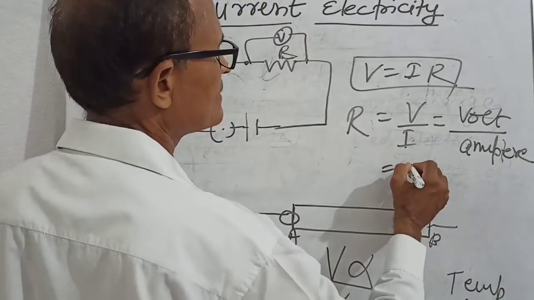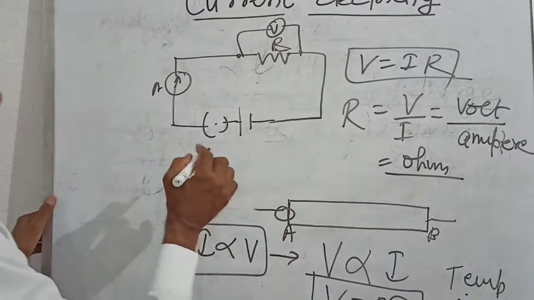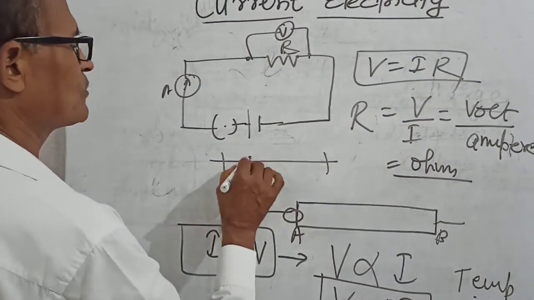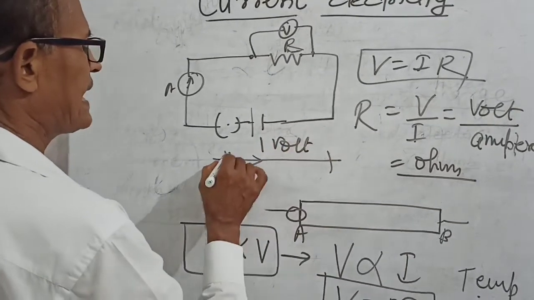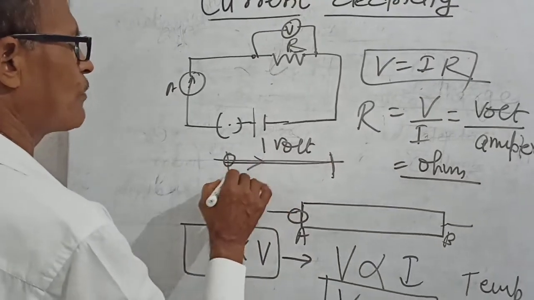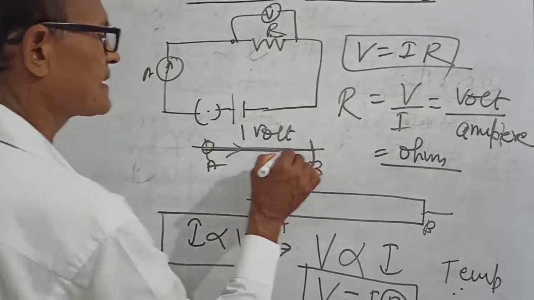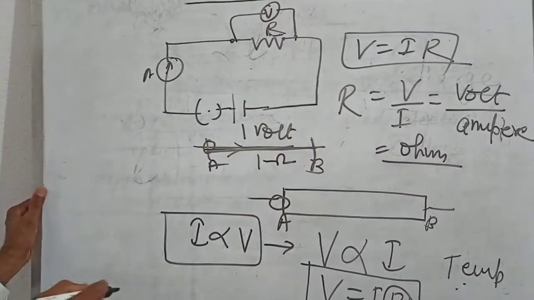So the unit of resistance is ohm, meaning thereby that in a conductor when the potential difference between two points is 1 volt and 1 ampere current flows between the two points A and B, the resistance of this conductor is 1 ohm. So 1 ohm can be defined like this.